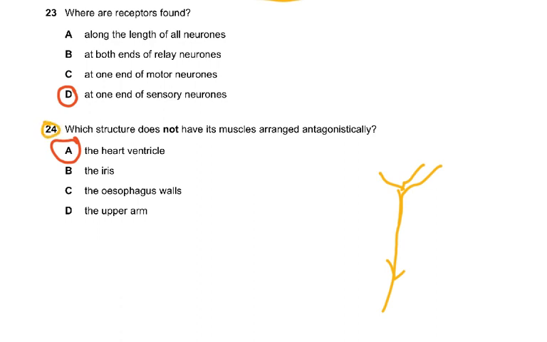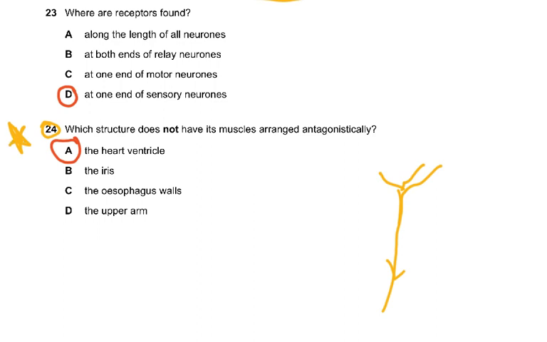Then question 24. Which structure does not have its muscles arranged antagonistically? Now, this is again given in the exam report, so I will mark it with a star so that you remember that this is an exam report and a difficult question.